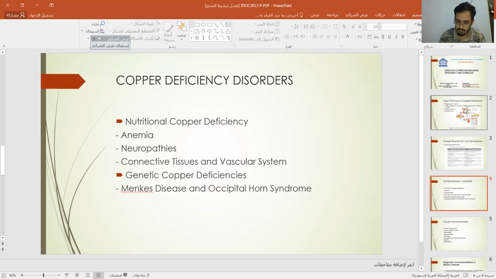Many clinical symptoms of acquired copper deficiency and Menkes disease can be attributed to decreased activities of copper-dependent enzymes. The hypopigmentation of skin and hair results from reduced tyrosinase activity, and abnormalities of bone and connective tissue are principally due to low LOX activity.